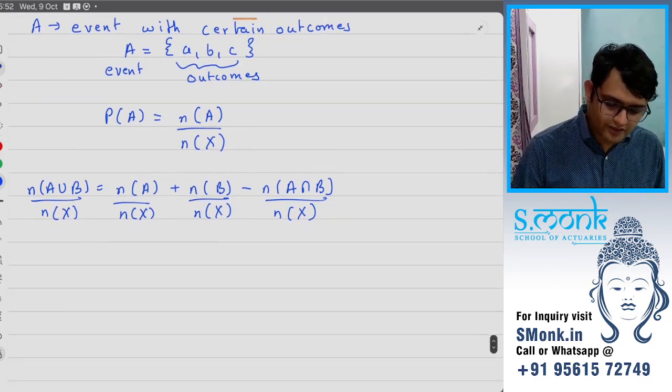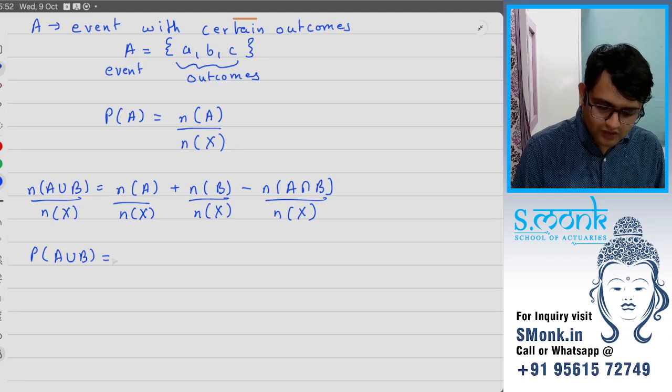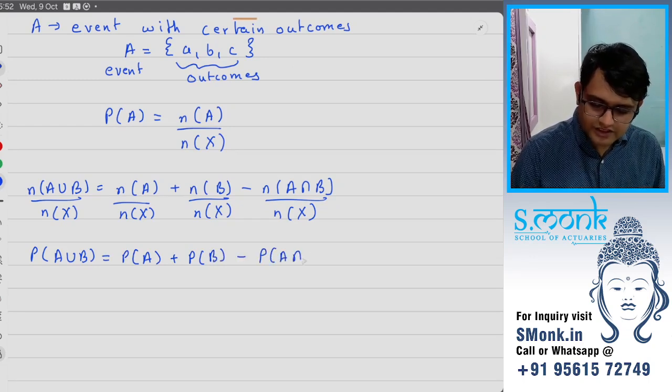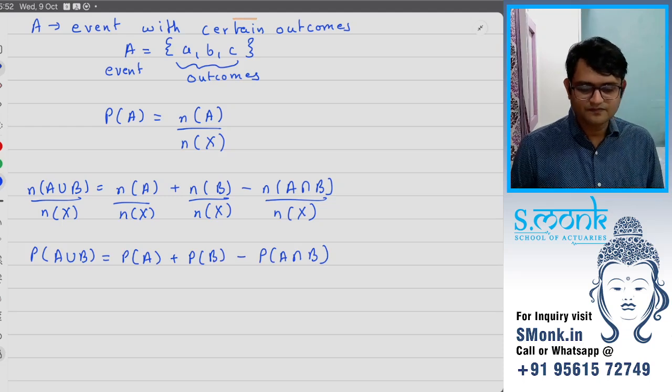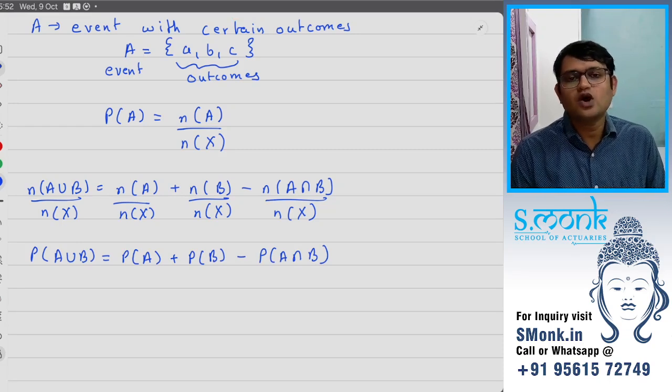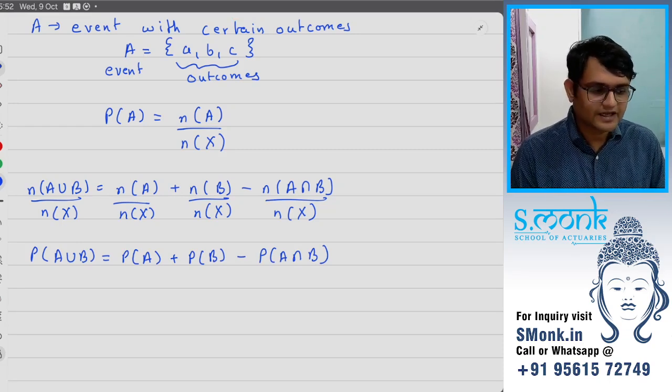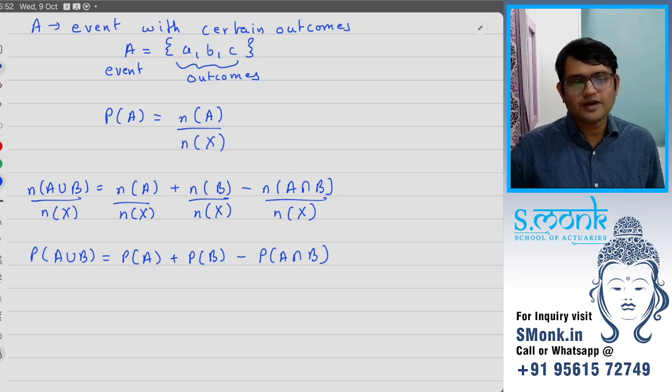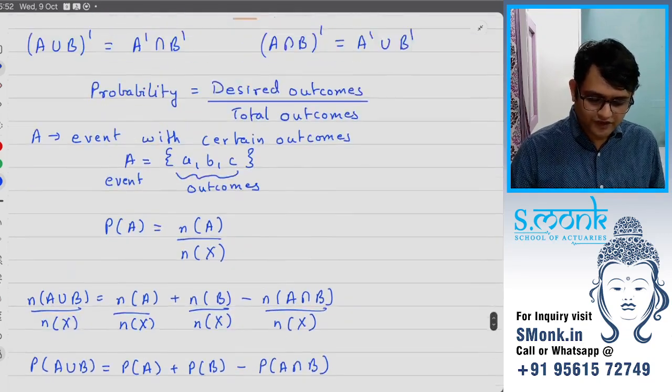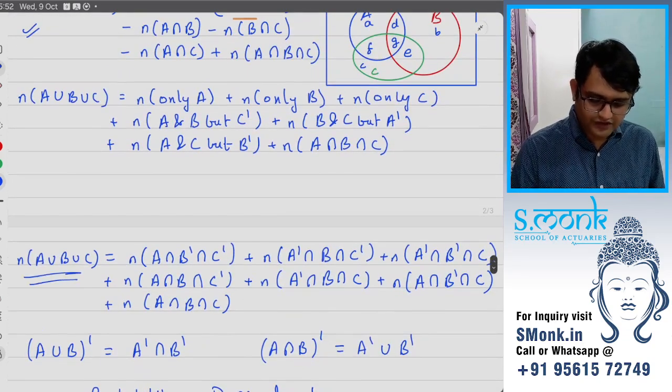And that becomes nothing but probability. So probability of A union B will be equal to probability of A plus probability of B minus probability of A intersection B. You can see that a formula of number of elements can be directly converted into a formula of probability. Even the formulas that we have studied, these three, can be converted directly into probability.